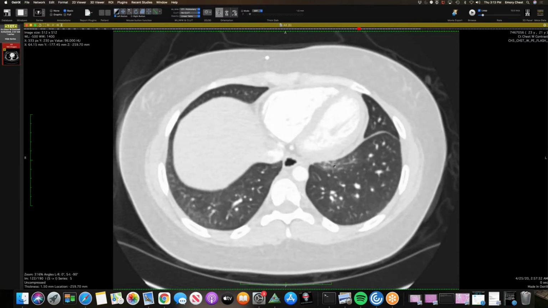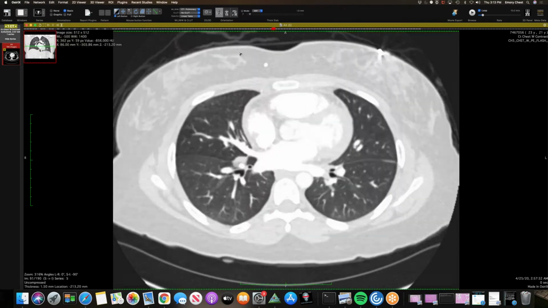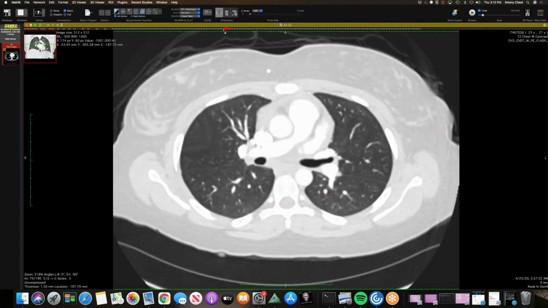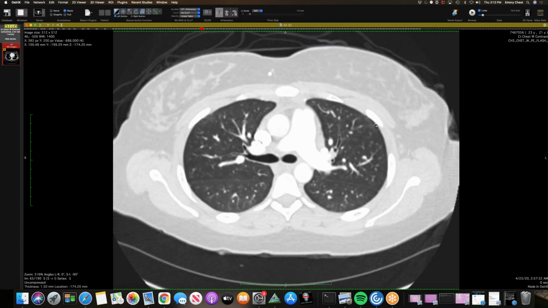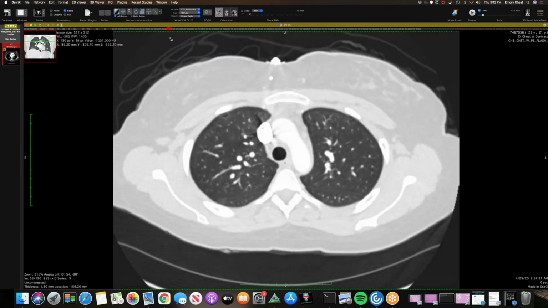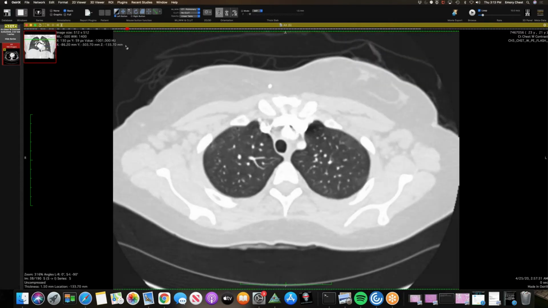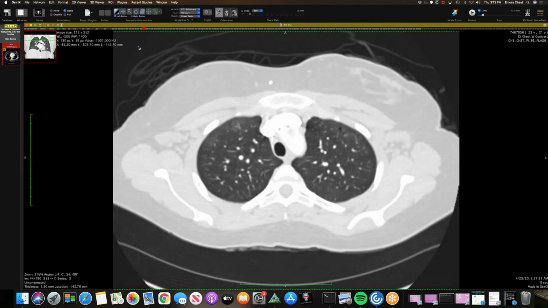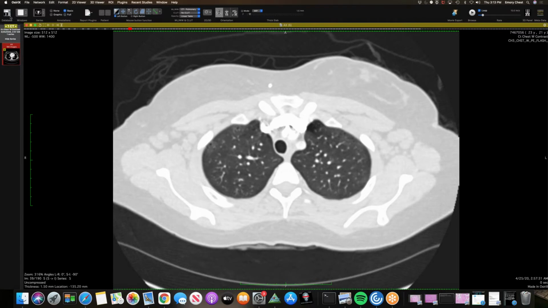You can see some changes here, and then very early changes in the upper lobes anteriorly. So I thought that was a good early example. I think this patient was in her early 20s.